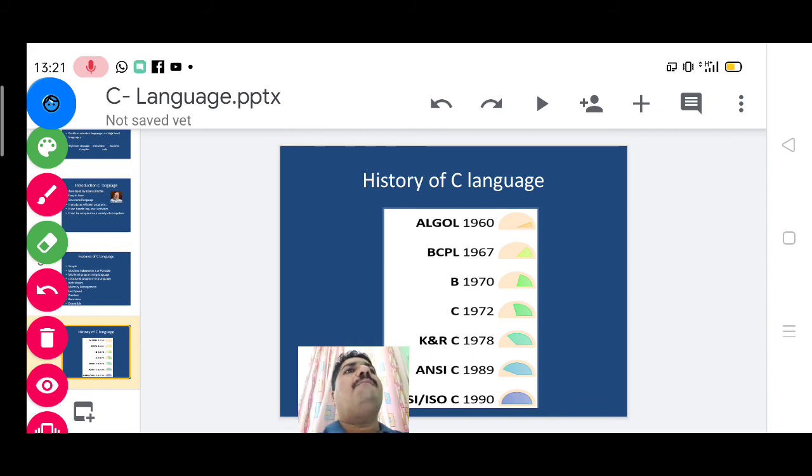A C compiler converts the readable C language program into machine instructions. That is called C.